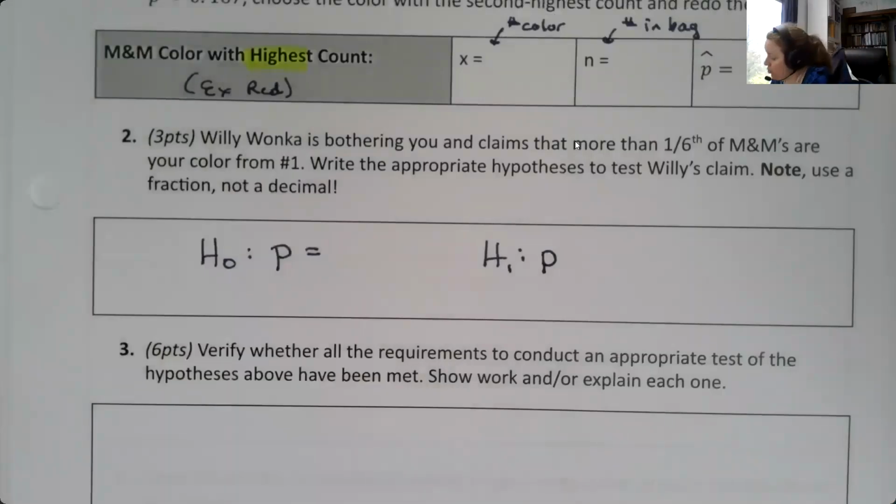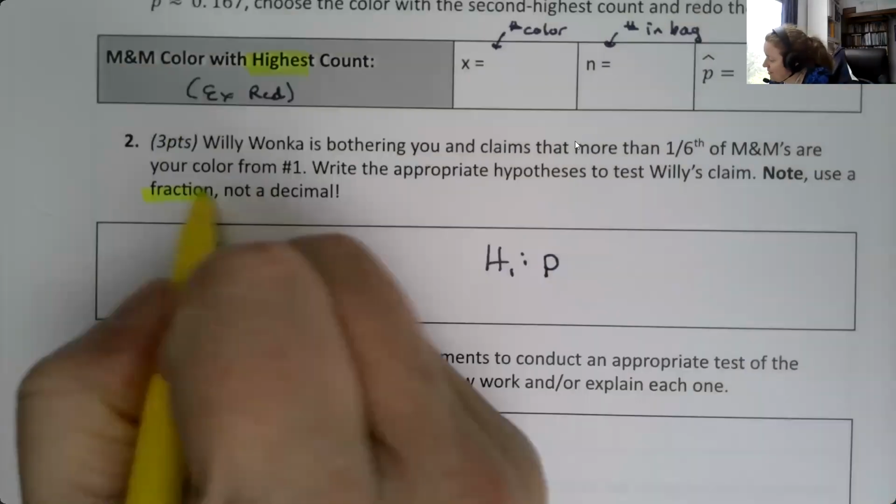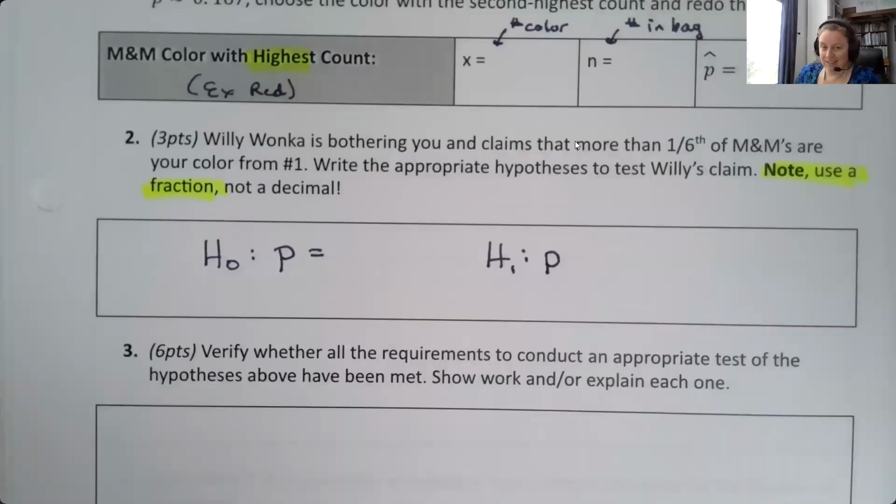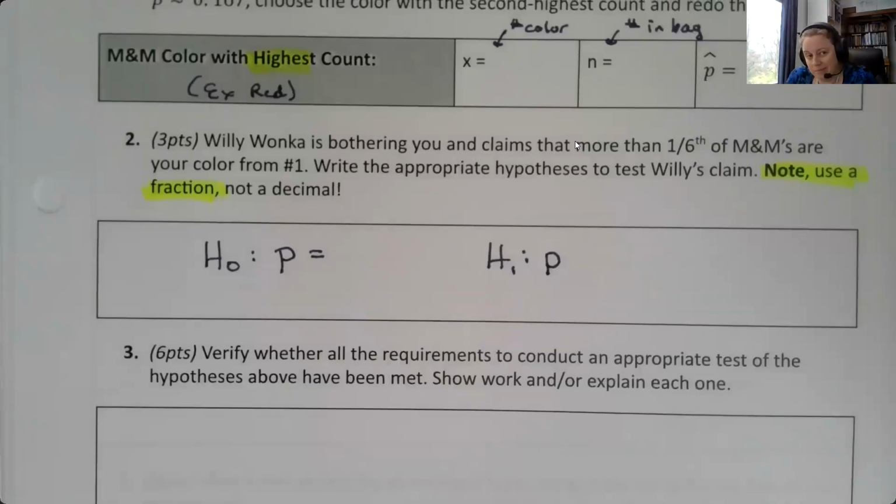And note, use the fraction. So can you guys figure it out? What fraction do we use? What's P equal to for the null hypothesis? We assume.